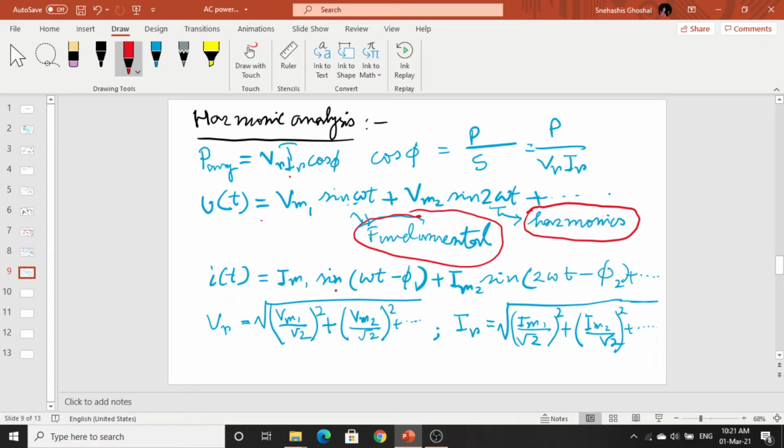Similarly, current also consists of harmonics along with the fundamental, and for each component let's have a phase difference of phi 1. Overall, the RMS value of the voltage can be written by this expression. So we have to utilize the concept of superposition.